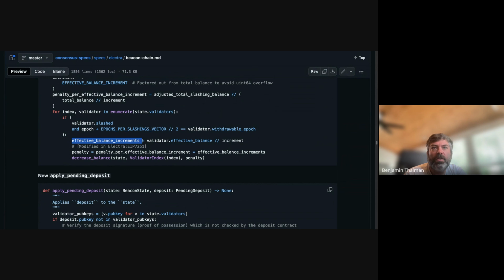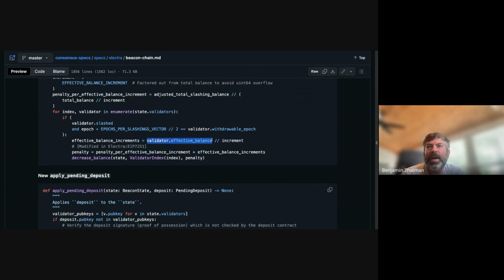Effective balance increments is validator effective balance. Remember, this returns in Gwei. Floor divide by increment. Remember, increment is a billion. What this calculation does is take a validator's balance in Gwei and return the validator's balance in ETH, divided down to the nearest whole amount of ETH.